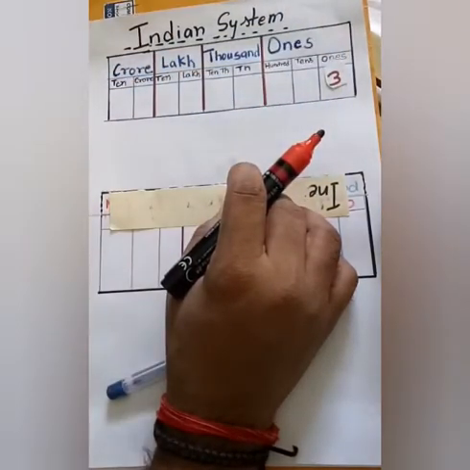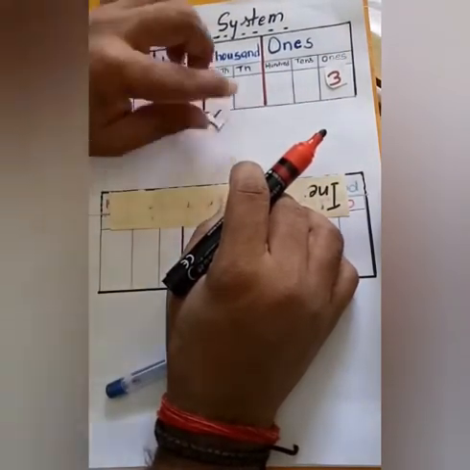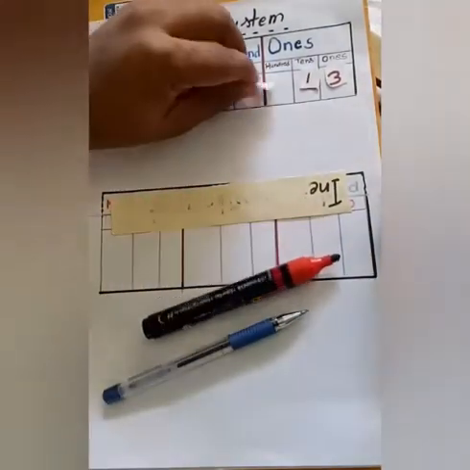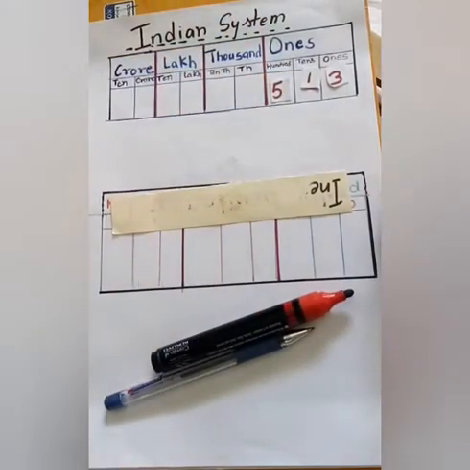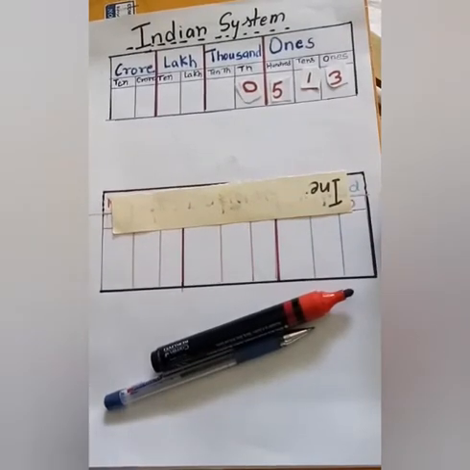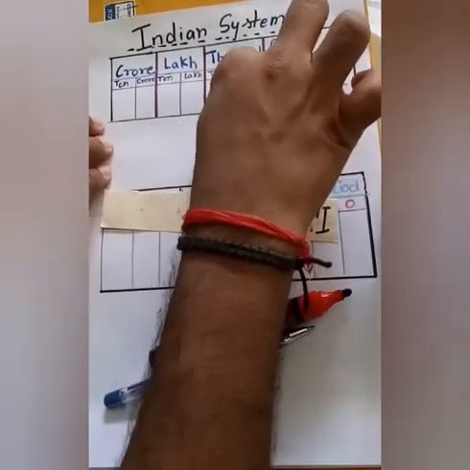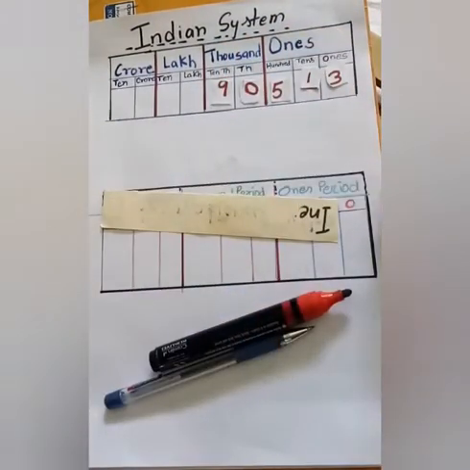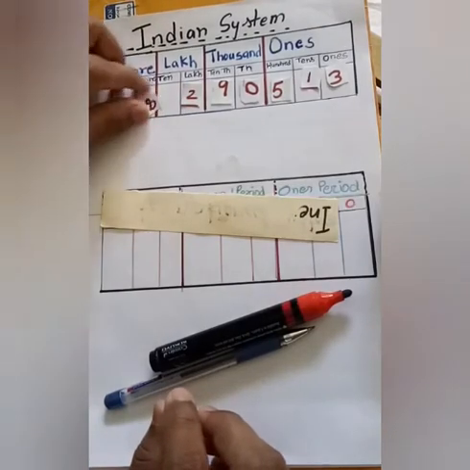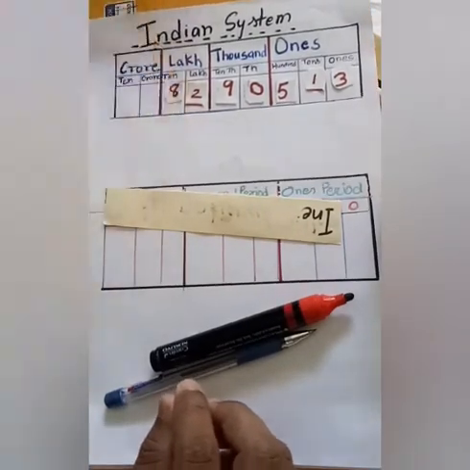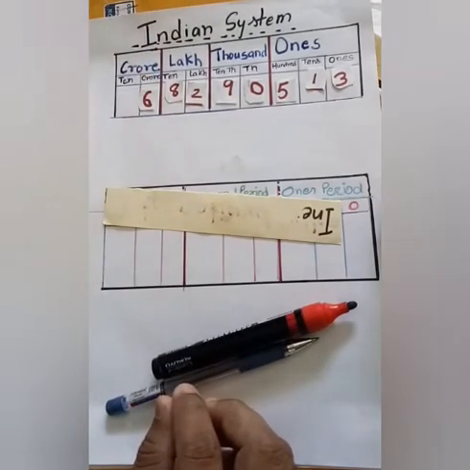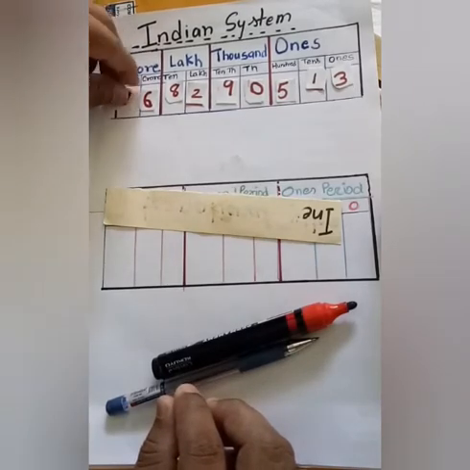Suppose at the ones place we have 3, then we have 1, then a 5, then a 0, then 9 and 0 here, then we have 2, then 8, then a 6, and at the end we have 7.